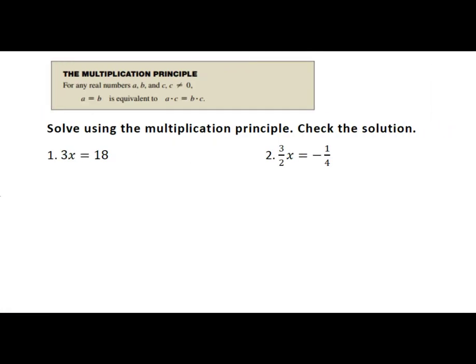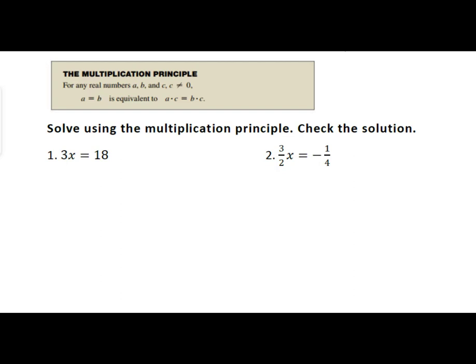All right, now let's look at one where we use the multiplication principle. So just like before, if you have two values that equal each other and you multiply the same thing to both sides, same non-zero, because if you multiply 0 to both sides, then they equal each other no matter what. So we always need to multiply a non-zero number.